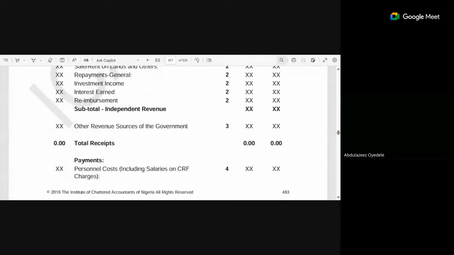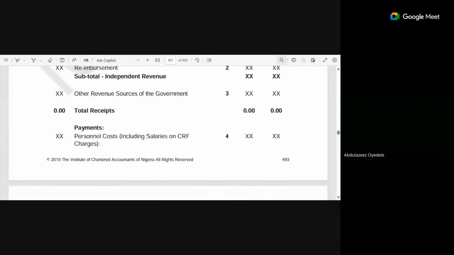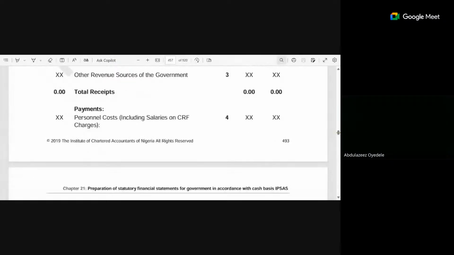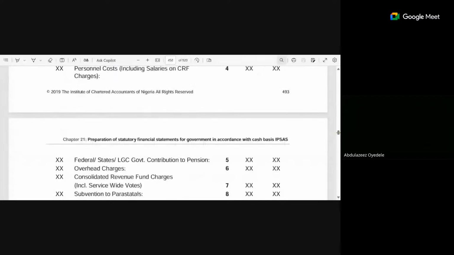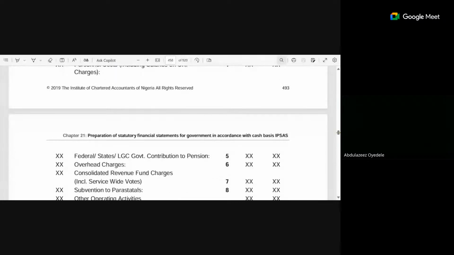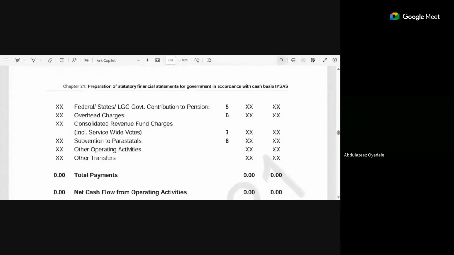Now, there are outflows as well from regular activities, payments that they make for personnel costs, that is salaries, sometimes contributions for pension, then other overhead charges, like maybe they pay for electricity, for rent, and so on.